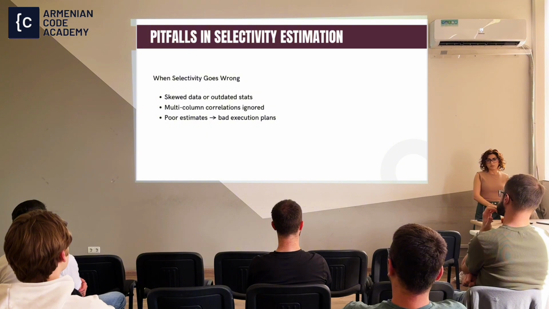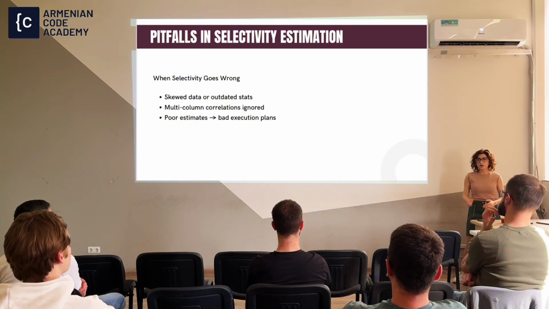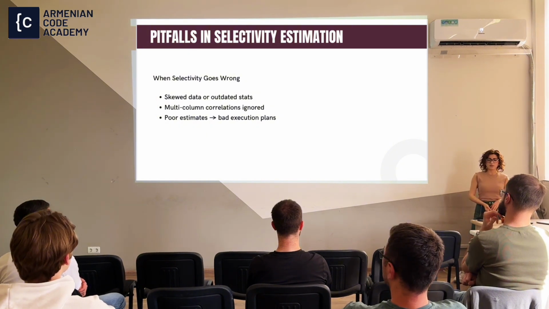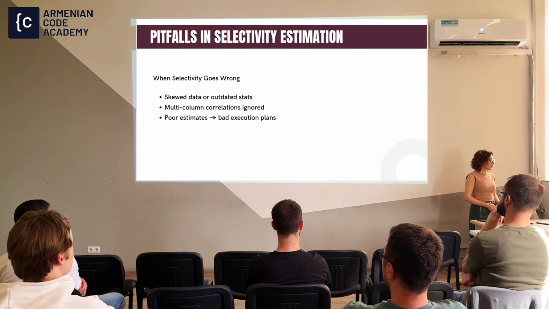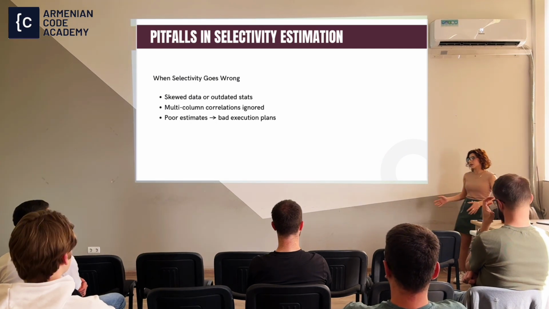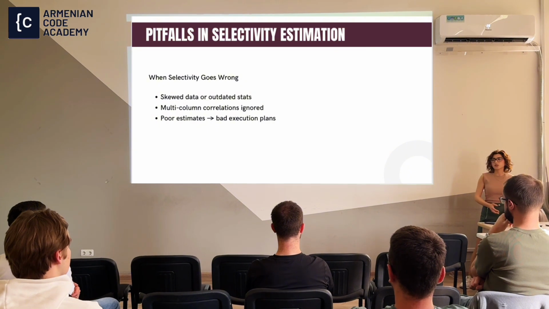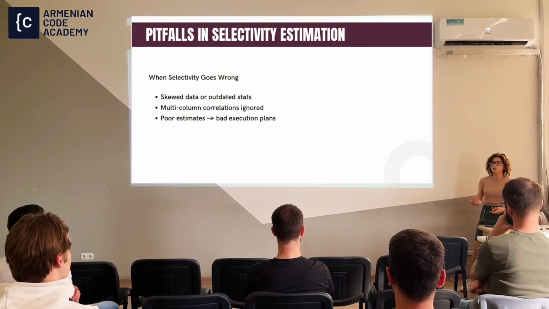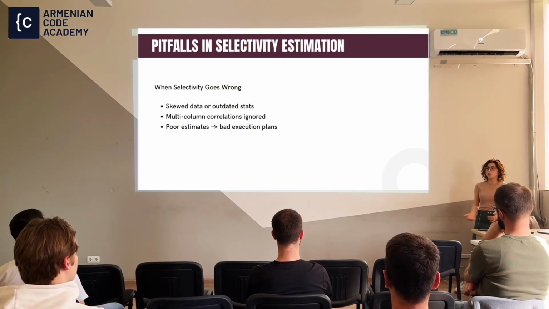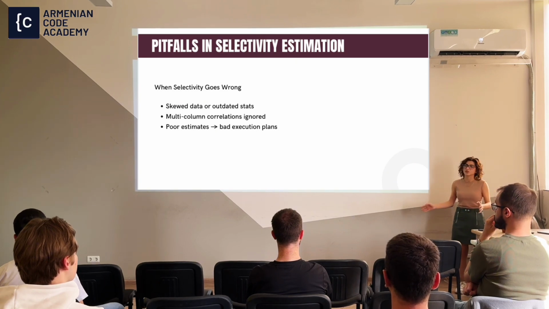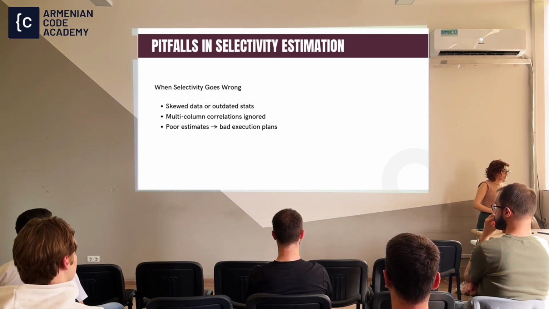Whenever the selectivity goes wrong, meaning it requires more memory or it doesn't give accurate estimates, this happens because of, let's say, one case can be skewed data. As I mentioned, it assumes that the data is uniformly distributed. However, when we have skewed data, the whole program crashes.